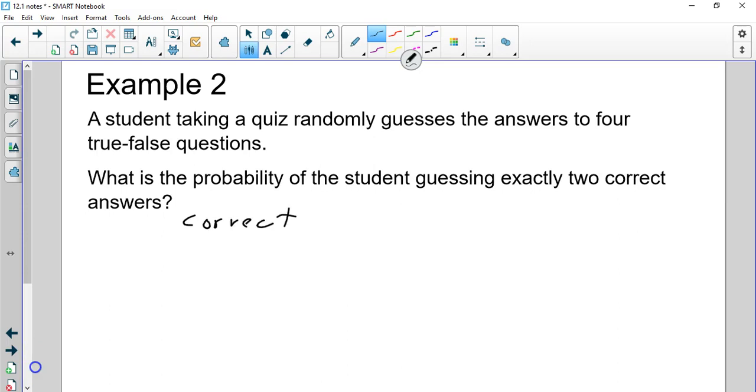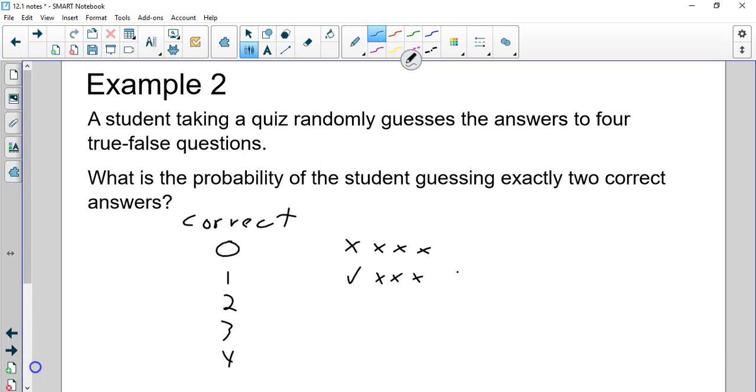If there's 4 questions, you could have 0, 1, 2, 3, or 4. So if you got 0 correct, then that would be wrong on the first, second, third, and fourth. Let's say, and again, you're just guessing here, you got the first one right, and then 1, 2, 3 wrong. And this is just one right.